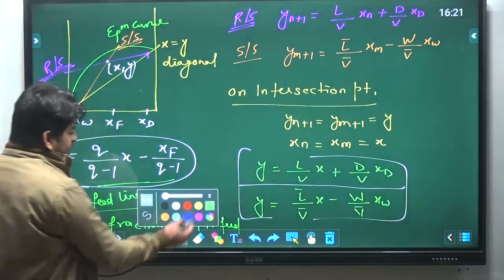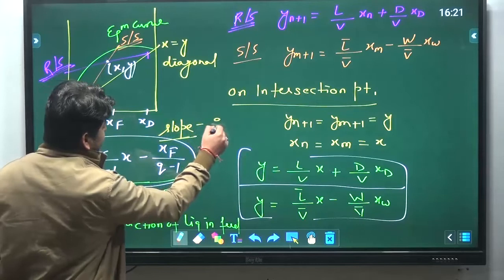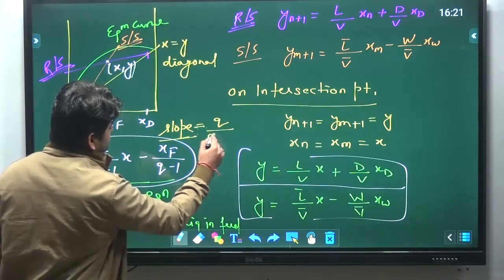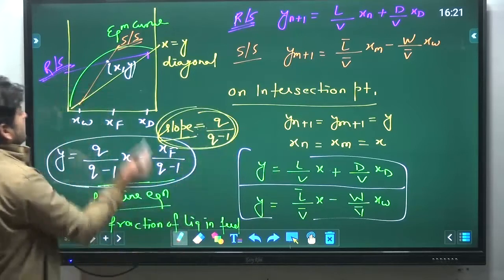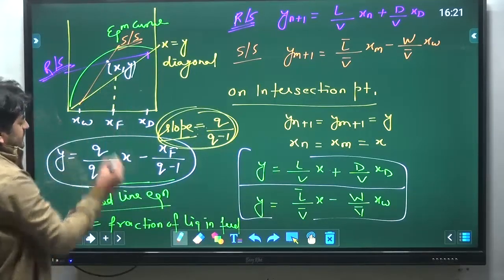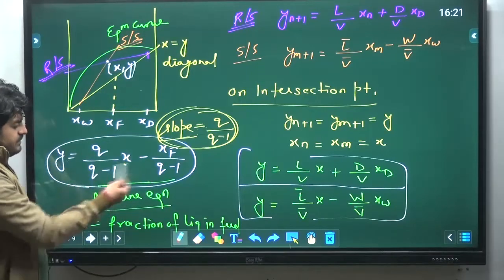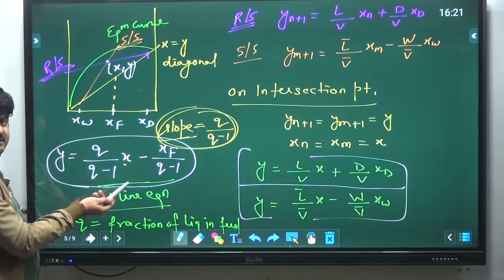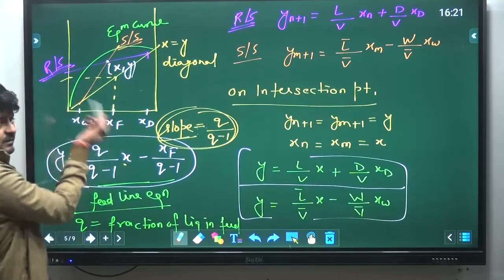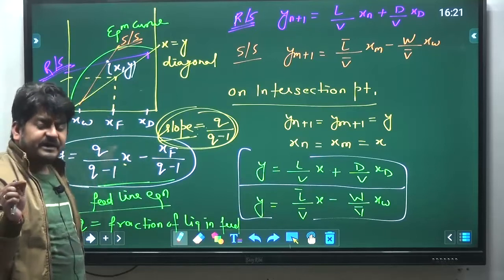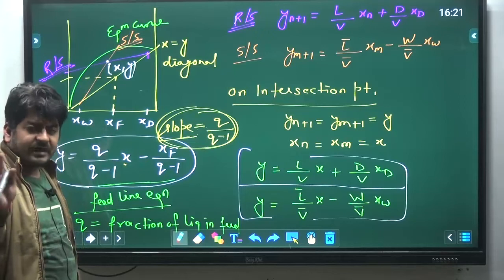So if anyone asks you what is the slope of feed line, you can say the slope of feed line will be q upon q minus 1. And for the feed line, this is xF, so you can put x equal to xF here. See, when you solve, you will get y equal to xF. This point is the xF. That's why the operating line of rectifying section, stripping section, and feed line, all of them start from the diagonal only.